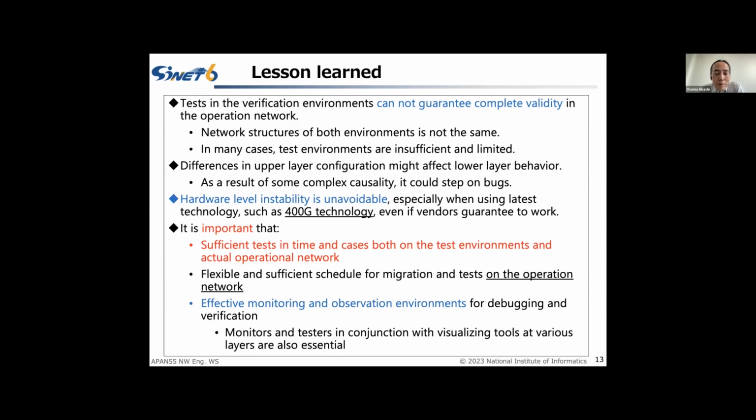So it means monitors and testers in conjunction with the visualization tool at FAIR3 are also essential. It sounds somewhat general, but we reaffirmed the importance of these points.